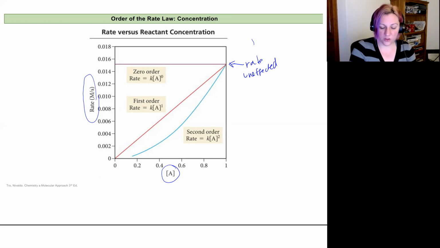If it's first order right here, then it's going to have a linear relationship. And so as I increase A, I'll see a similar increase in the rate. And second order right here, as I increase A, I won't see a linear relationship with the increase in rate. Instead, I'll see more of a logarithmic sort of relationship, where as I increase the concentration of A, I have a larger impact on the rate.